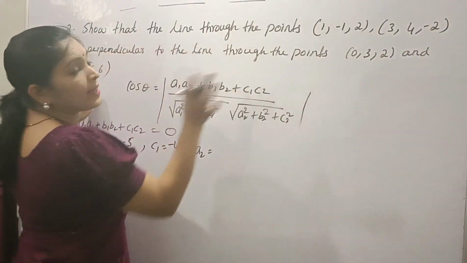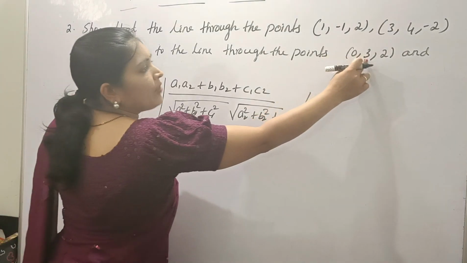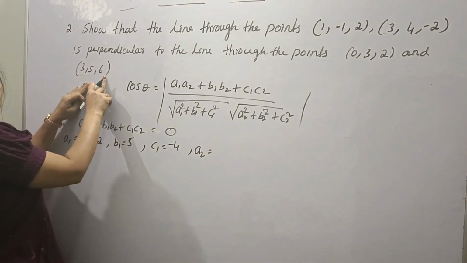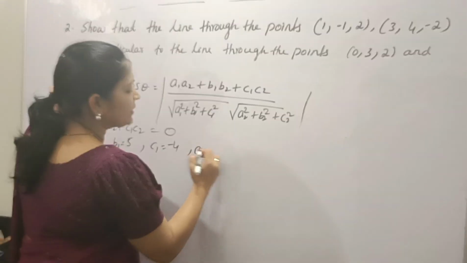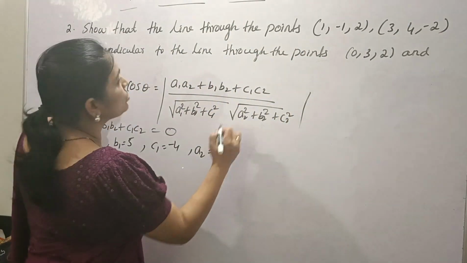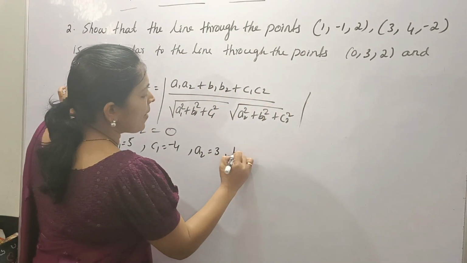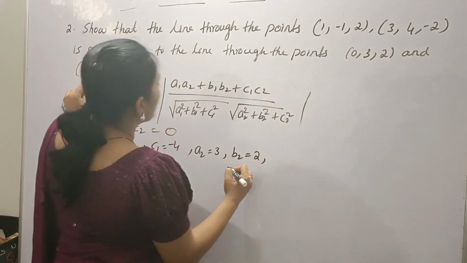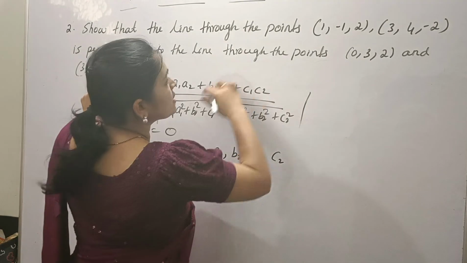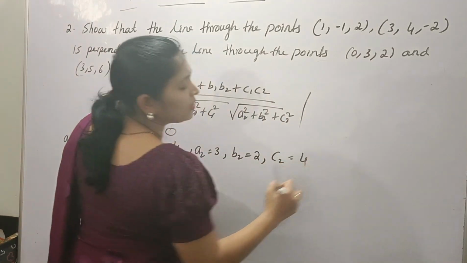So here 2 points on the line are given, okay. So x1, y1, z1, x2, y2, z2. Direction ratios are x2 minus x1, that is A2 is equal to 3 minus 0, 3. B2 is equal to 5 minus 3, 2. And C2 is equal to 6 minus 2, 4.